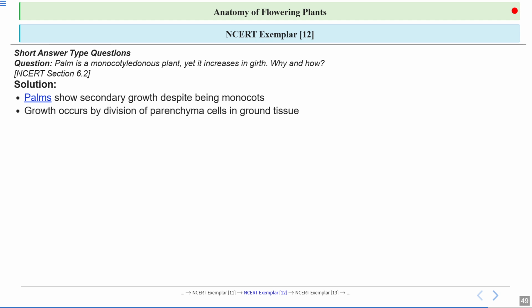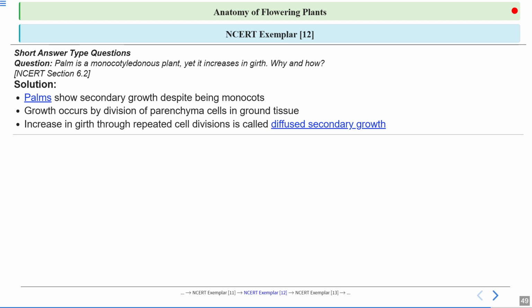Growth occurs by the division of parenchyma cells in the ground tissue. So you can see here, parenchyma cells are dividing in the ground tissue. Increase in girth through repeated cell division is called diffuse secondary growth.